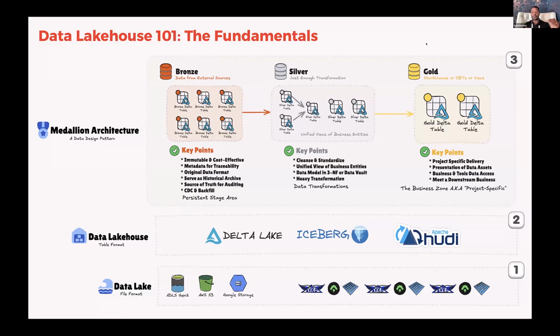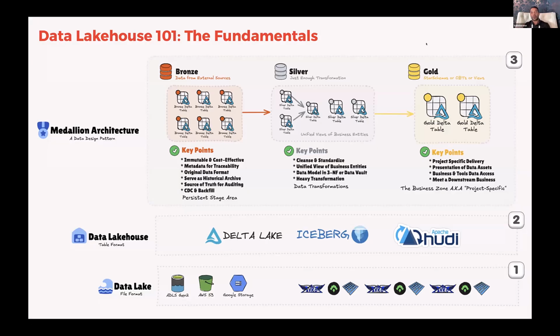The next level up is where we establish the foundation of your structured data, which is the data lakehouse layer, and gives you the ACID capabilities. It turns the file format into a table, so it's transparent for end consumers to look at it as a table.